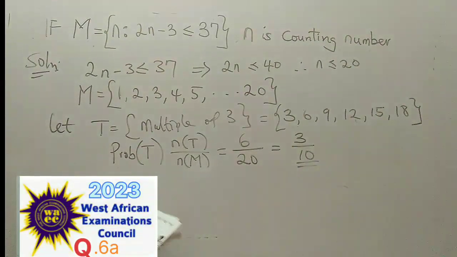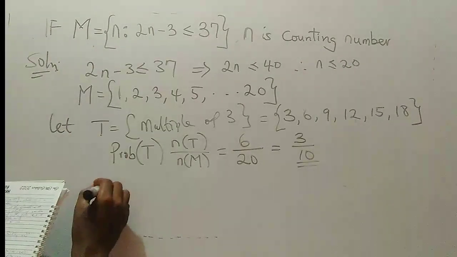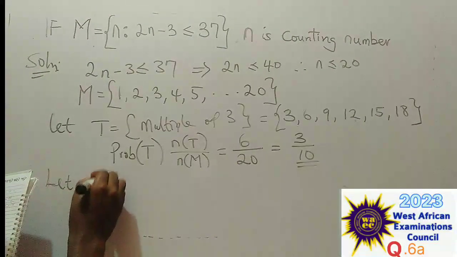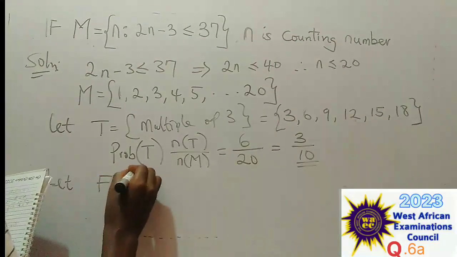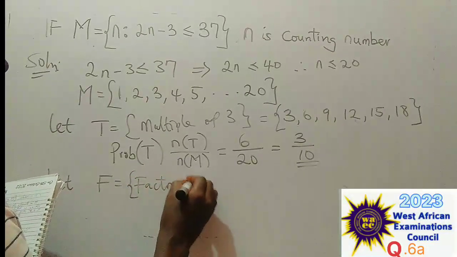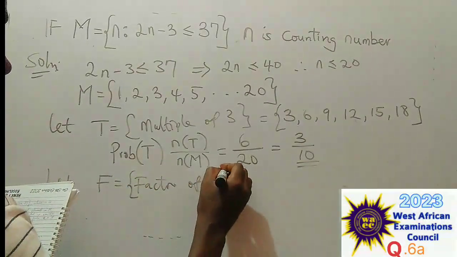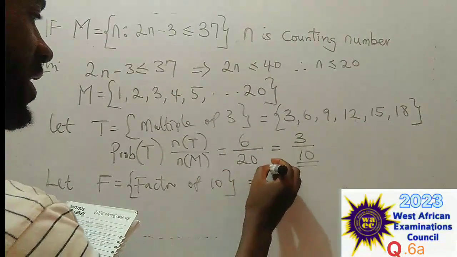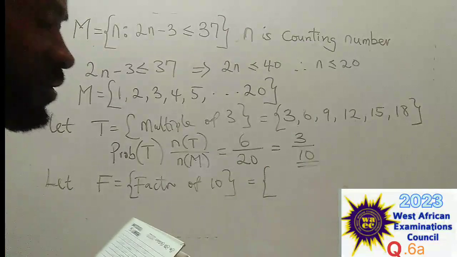They said that's question B. It asks what is the probability that it is a factor of 10. So let's use another symbol again to represent the factors of 10. Let F be equal to the set of factors of 10. Now let's list the elements that are factors of 10.